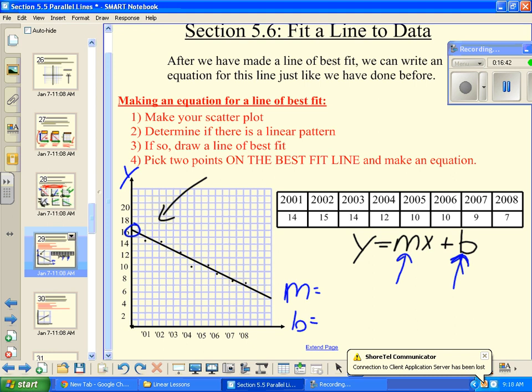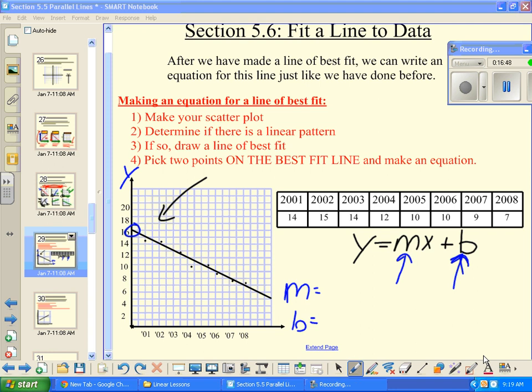So as long as I always make sure I draw my line to the y-axis, I can always find my b. In this case, it looks like it's about 16. If it was like 16.5 or something, I could put that, but we'll say it's right about on 16. So the b, the y-intercept, I don't have to do any work for that. I can just pick out where the line hits the y-axis.